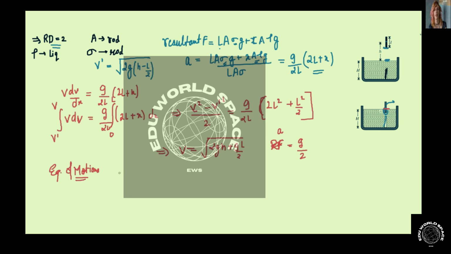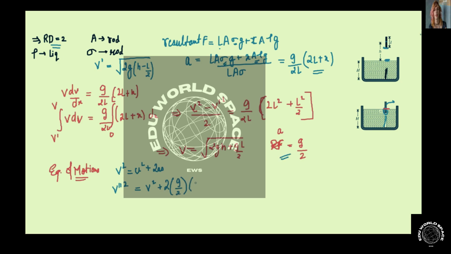So in that case, we can simply use v square is equal to u square plus 2as. So here v square is the final velocity that we have to find out according to our given question. Let's take it as v double dash square, and this one will be our v square, which we found out over here. So it's v square plus 2, our a is g by 2, which we got over here, into s.